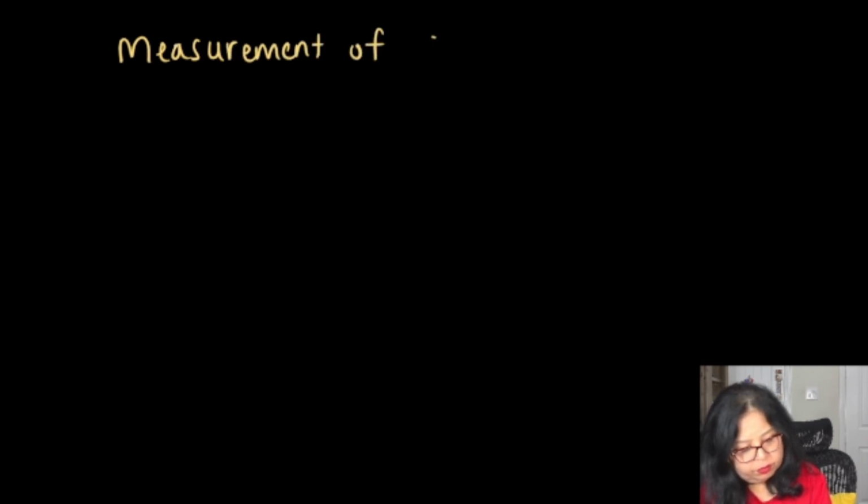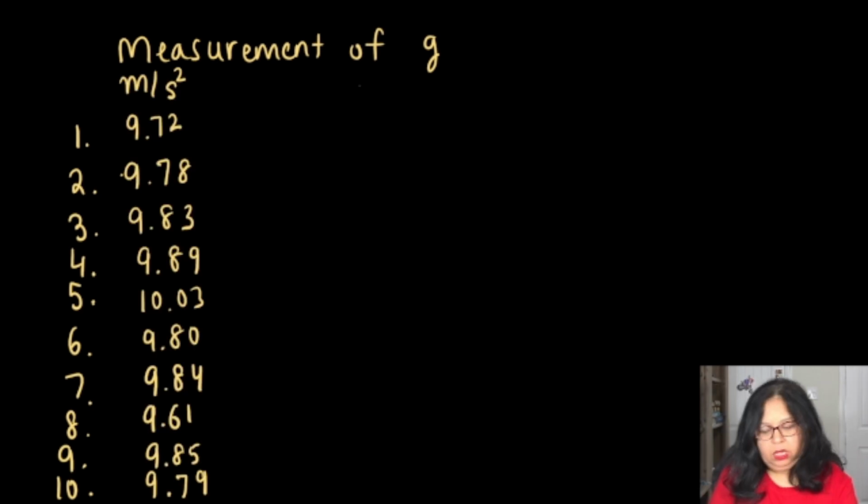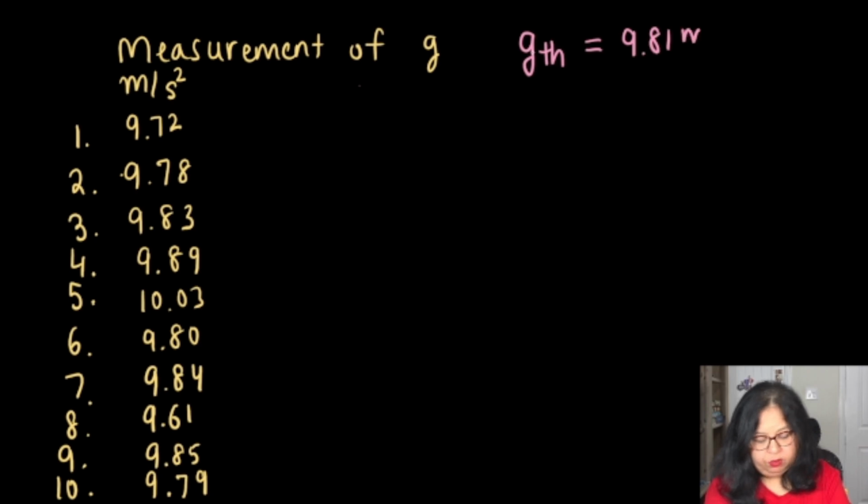Back to the example of measurement of acceleration due to gravity near the surface of Earth. Let's say we perform 10 trials of the experiment. Let's say these are our 10 experimentally determined values of g, while we know that the theoretical or the true value of g should be 9.81 meters per second squared.